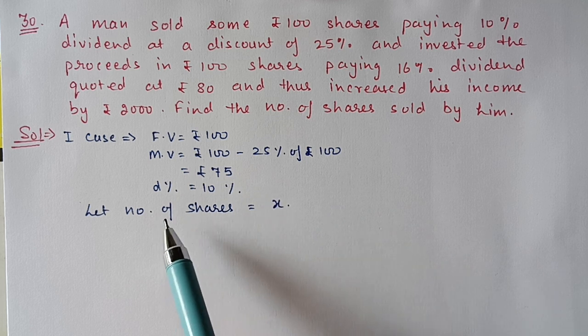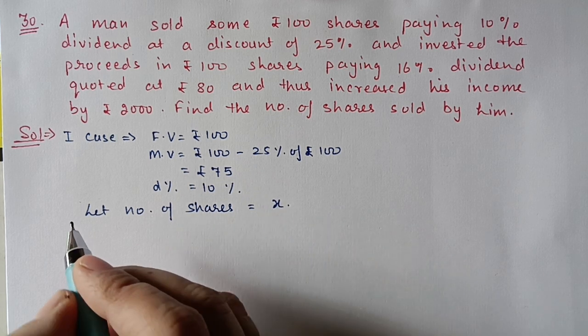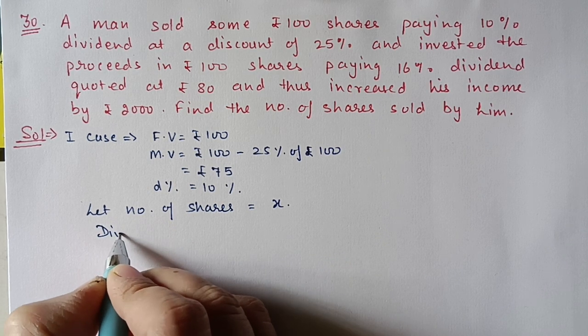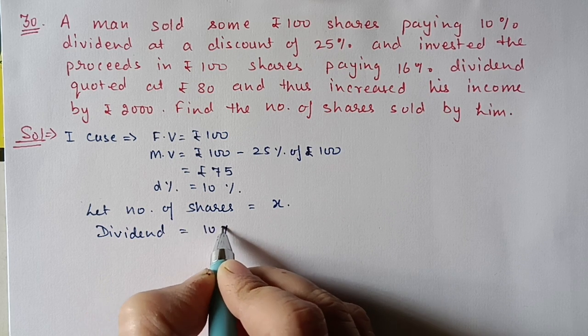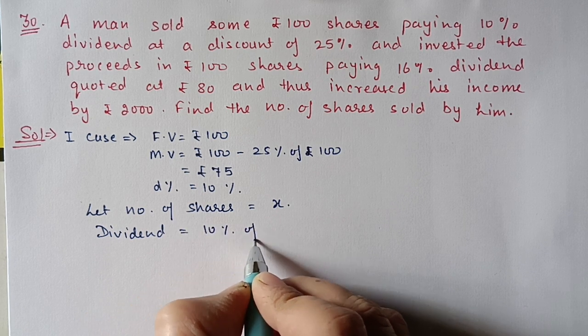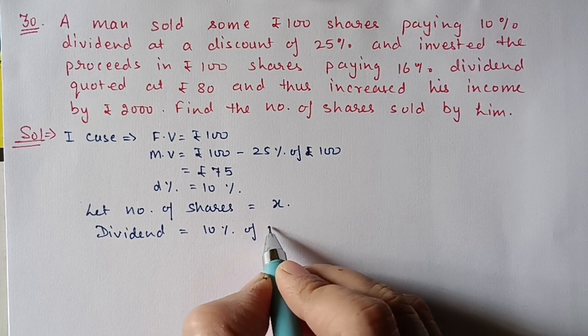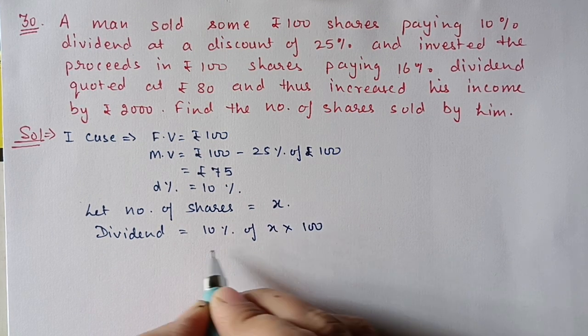So first we will take the number of shares as X. Now the dividend here will be 10% of the number of shares, X, into face value, 100.